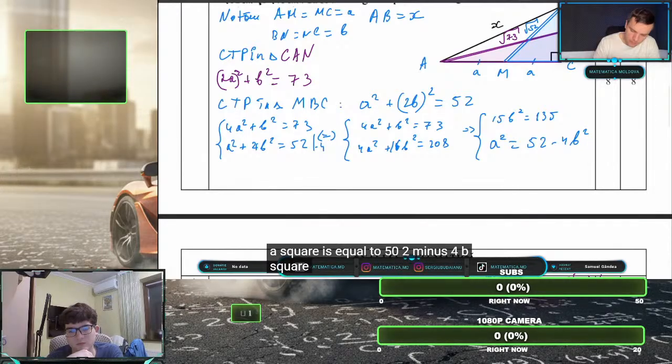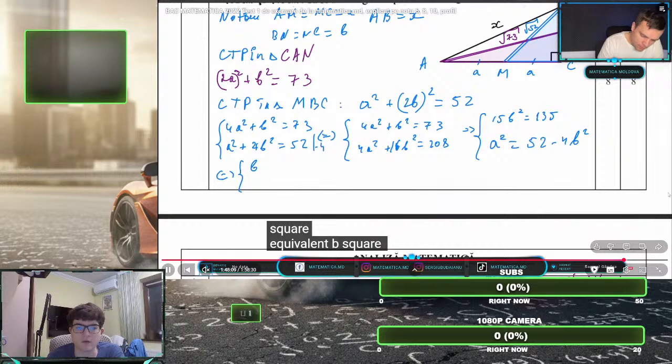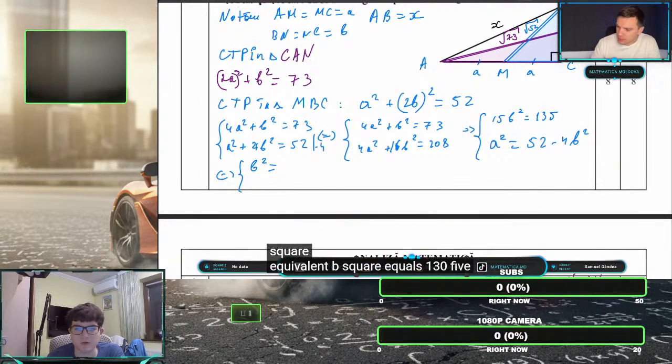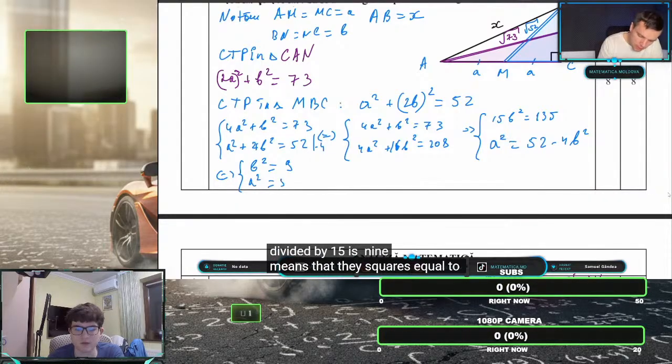So I guess we gotta understand what b is, and we're gonna be able to move on. A to the second power is 52 minus 4b to the second power. That's basically from the first expression. B to the second power is gonna be 9.